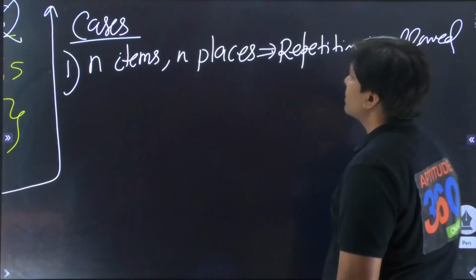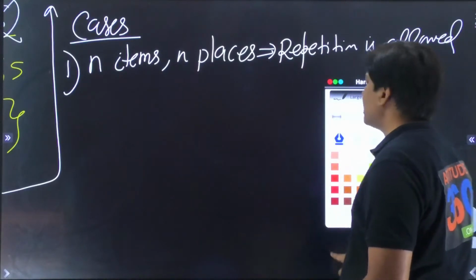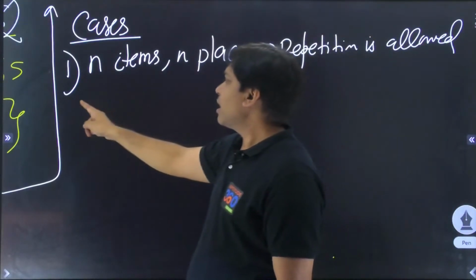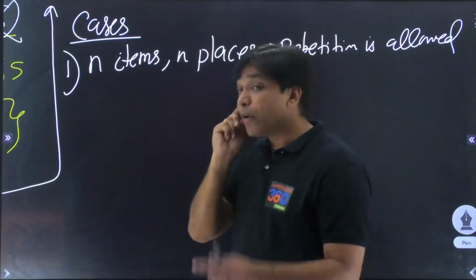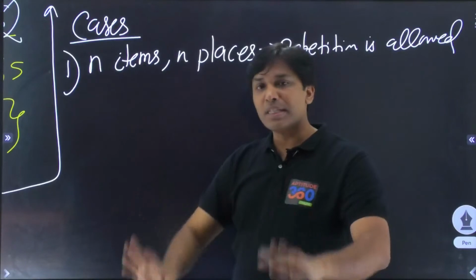What do you think is the answer? N items, n places, repetition is allowed. In how many ways can these items be arranged? And whenever I say items, they need to be distinct, for now.